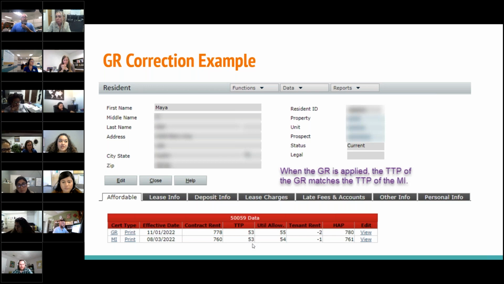We see a TTP of 53 on the move-in. Then we see a TTP of 53 on the gross rent. The UA changed from 54 to 55, and the contract rent went from 760 to 778. So that changed their tenant rent from -$1 to -$2, and it changed the HAP amount from 761 to 780.